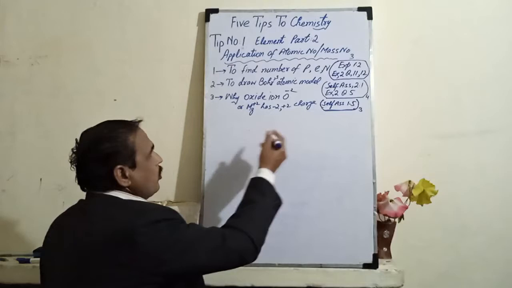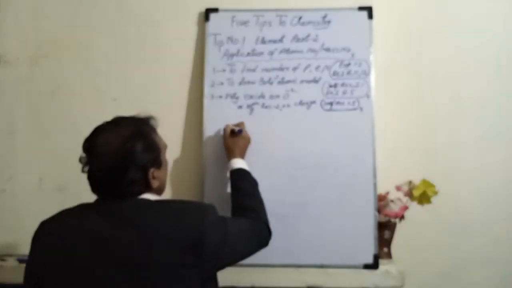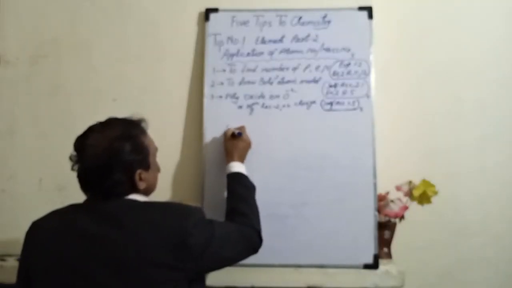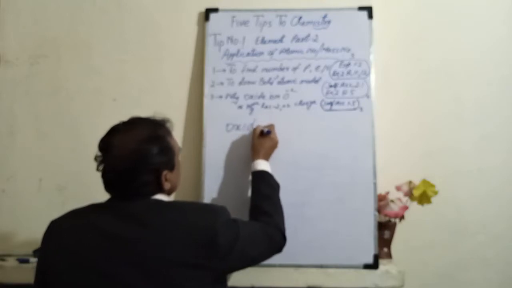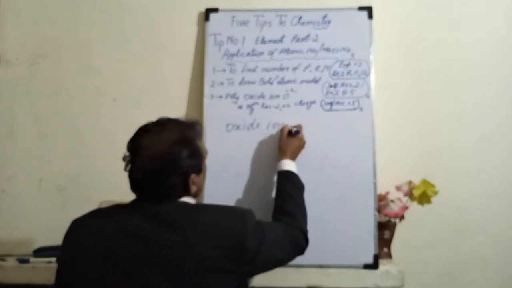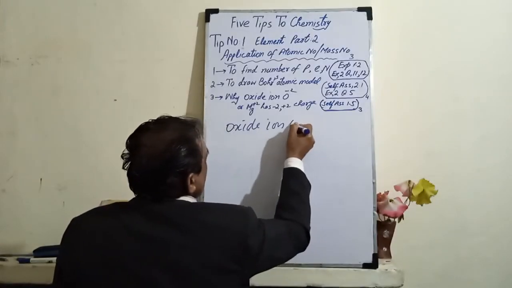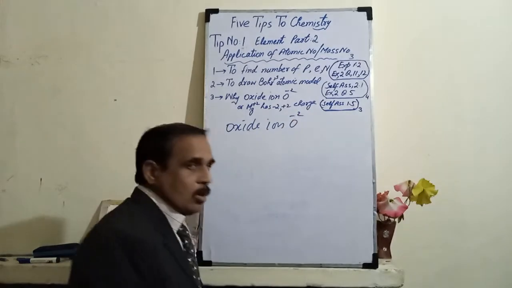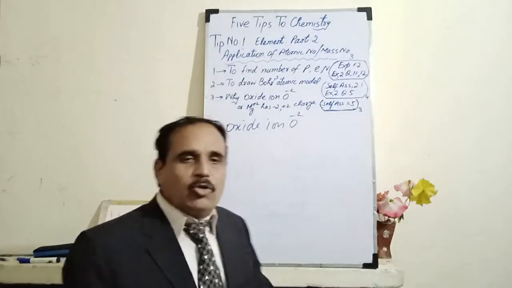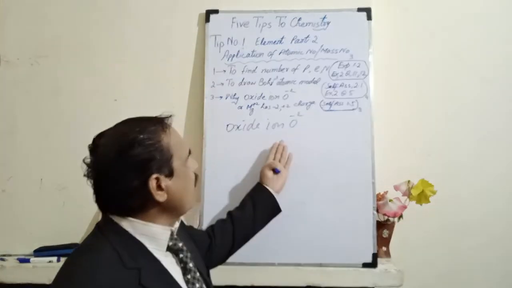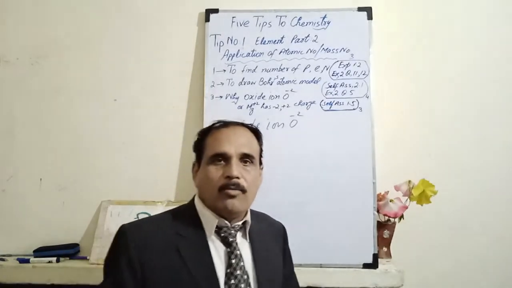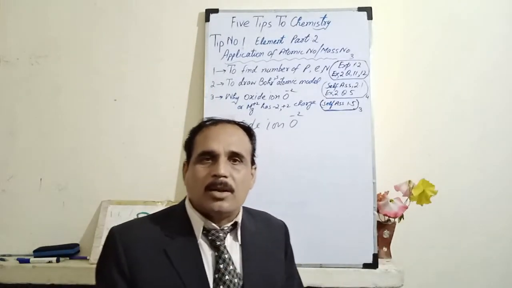Let's suppose oxide ion. We take oxide ion O-2. As all of you know, oxide ion is made from the oxygen atom.